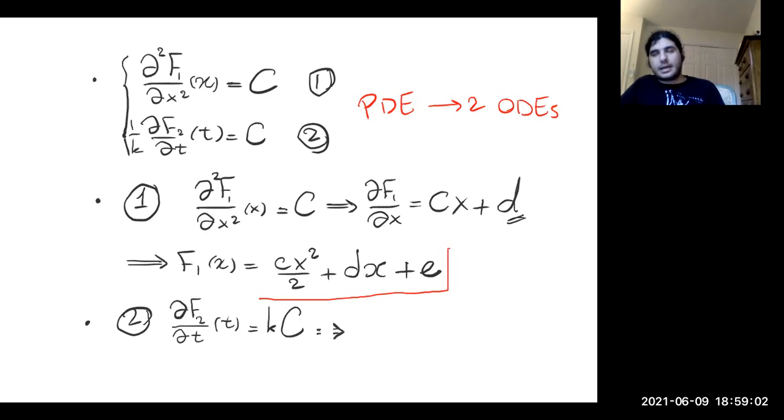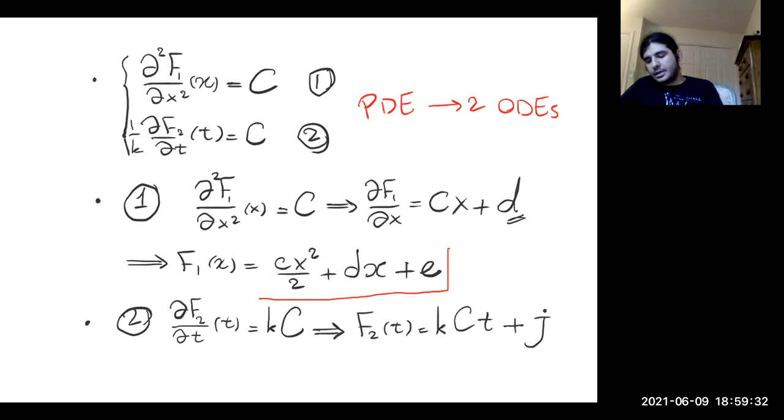So taking the antiderivative with respect to t, we can see f2 at time t is equal to kct plus another constant. What should we use? We have used f, we have used g, we have used h, we have used i, well, we keep i for a complex number. Let's use j for the other constant here.